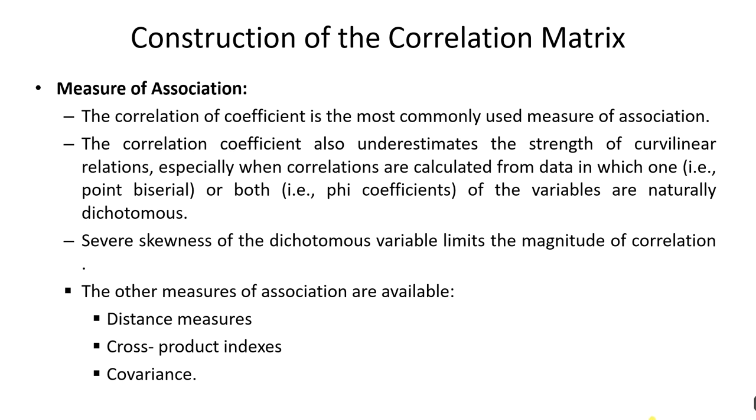Most often the correlation coefficients are used. These are the most commonly used measures of association. However, under some conditions, the correlation coefficient underestimates the relationship. If the relationship is curvilinear, the correlation coefficient will not estimate it properly, particularly when the variables are dichotomized, then the correlations may be an underestimate of the actual relationship.